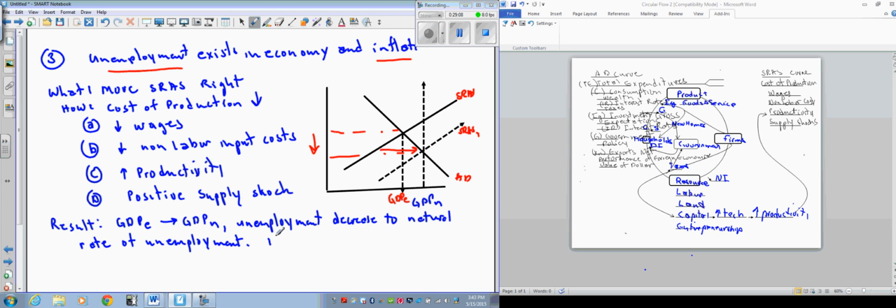And then our first goal, and that goal stated, is full employment. Is met.